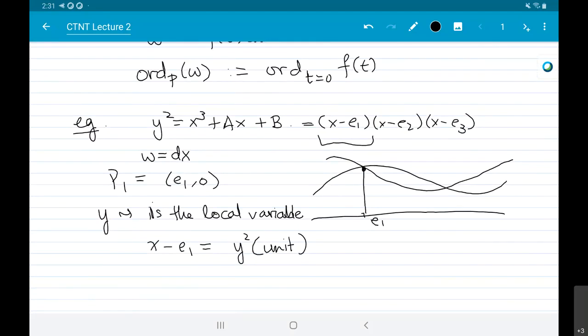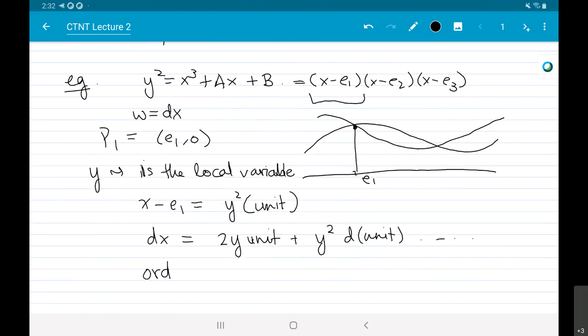The unit basically means you don't have to worry about it; its order is 0. So dx is 2y times the unit plus y squared times the derivative of the unit, and so on, which means that the order at this point p1 of dx is the same as the order of y at that point. And since y is a local variable, that's just 1.